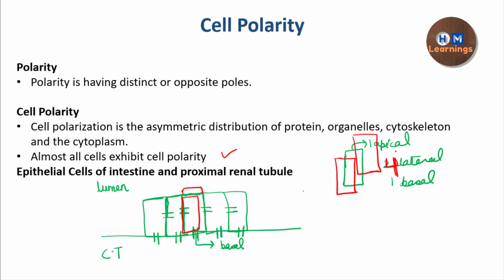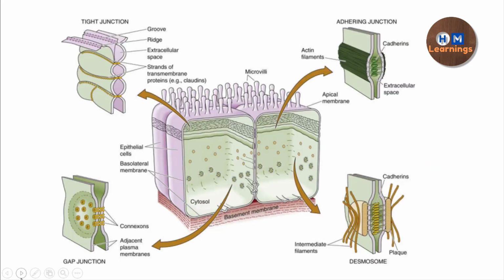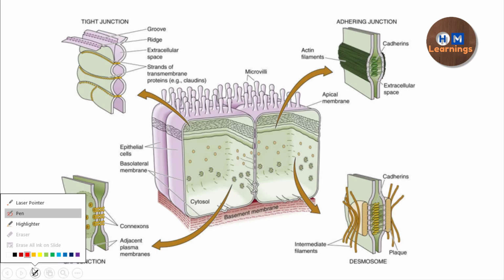Collectively the lateral and the basal sides of the epithelial membrane are called basolateral. So the basolateral has a different morphology as well as a different protein composition as compared to the apical surface of the epithelial membrane. Now we see this diagram to understand further. This is what I have also tried to draw. So this is the epithelial cell.